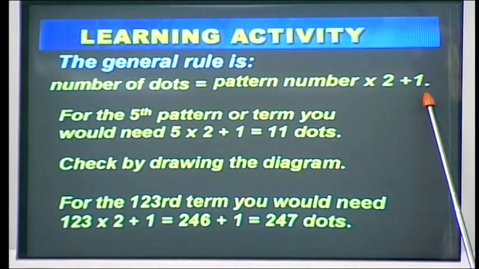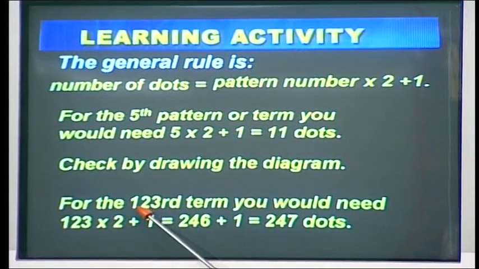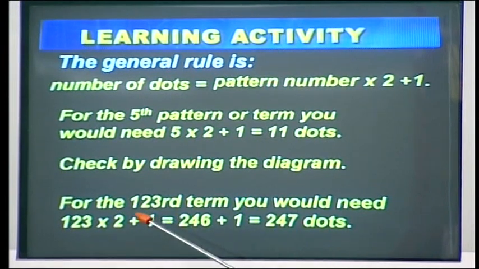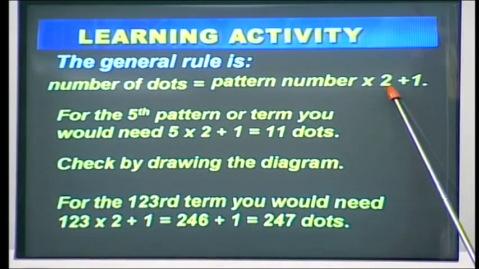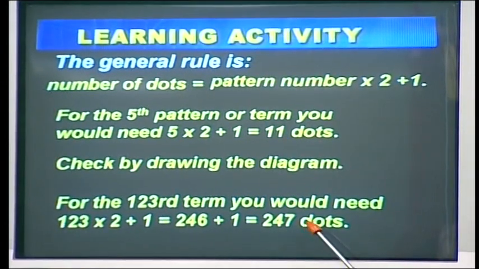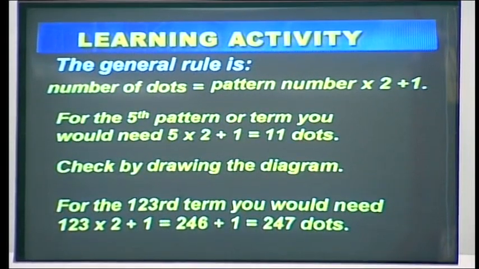Number of dots equals pattern number, or sometimes it's given as the 123rd term, that's an example, times 2 plus 1. Then you can come up with the number of dots that you would need to draw in that particular pattern.